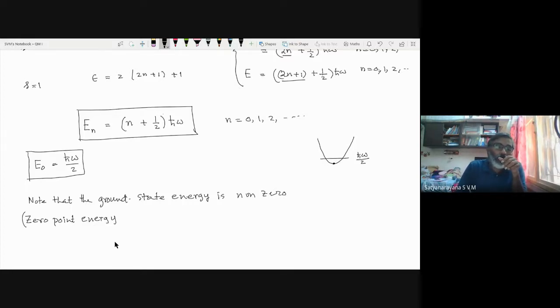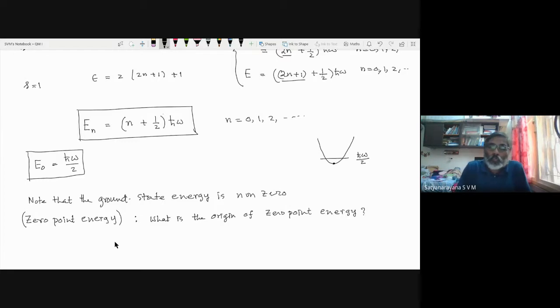So zero-point energy is a quantum feature. It is not observed in classical physics, and so one can ask a question: what is the origin of zero-point energy?